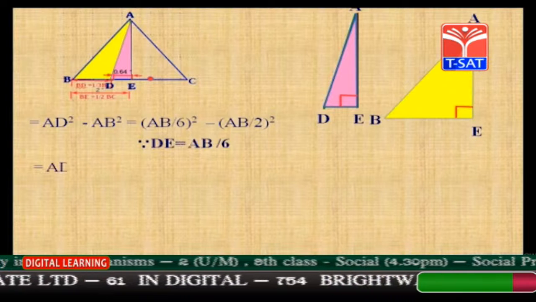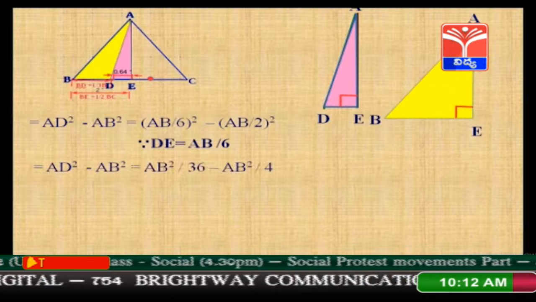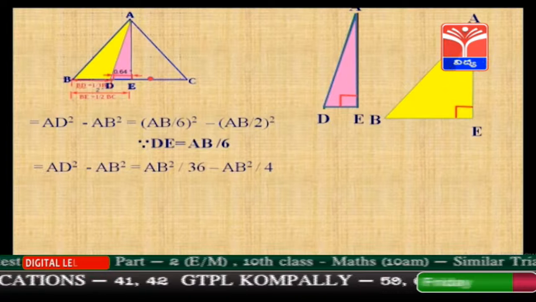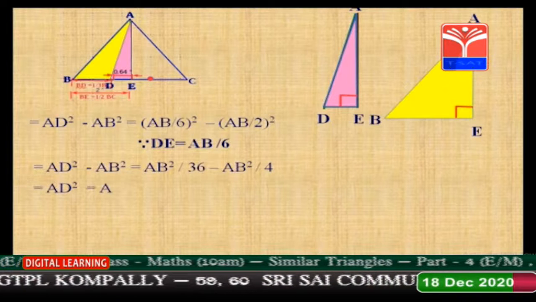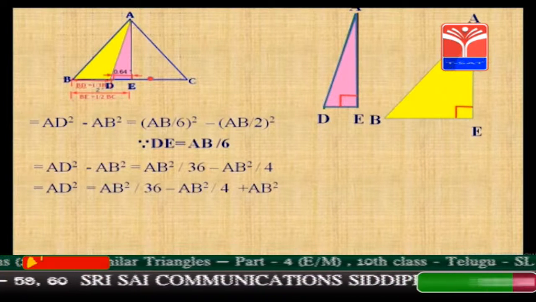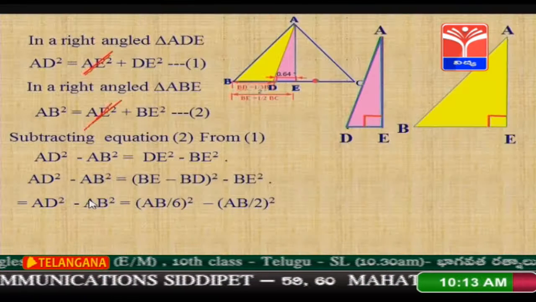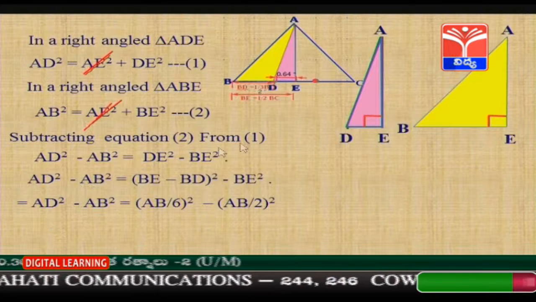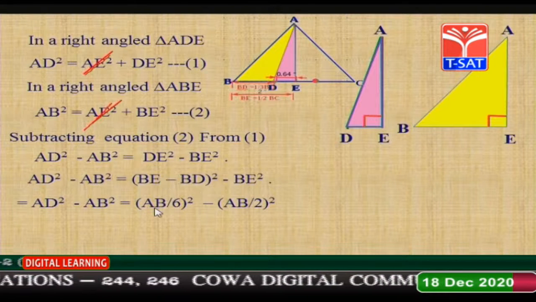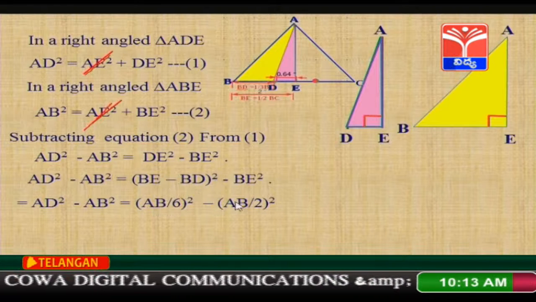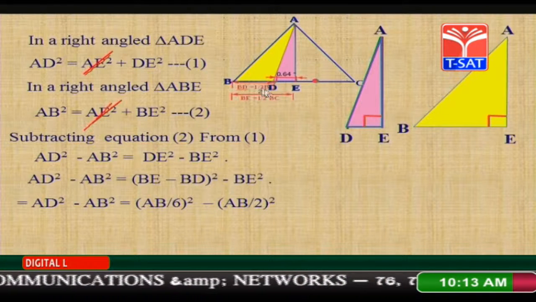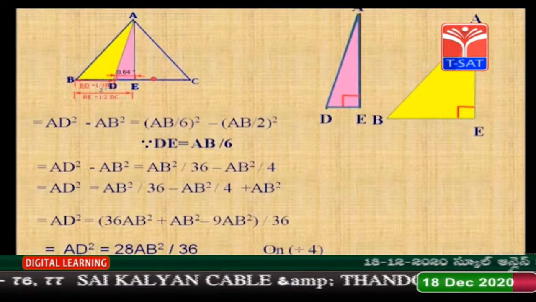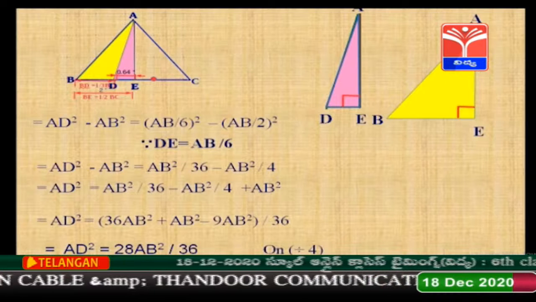DE is nothing but (BE minus BD), and then minus BE square. From here, every term I am converting into AB and AD. AD square minus AB square is equal to DE in terms of AB, I wrote (AB by 6) whole square, minus BE, which is AB by 2, because BE is half of BC, and BC is nothing but AB. Therefore, I wrote BE as (half AB) whole square.